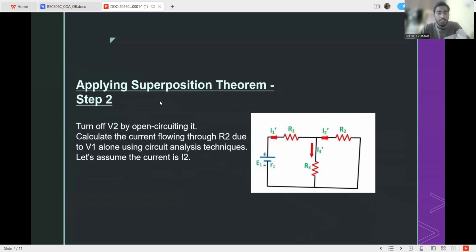Applying superposition theorem, step 2. Turn off V2 by open circuiting it, and calculate the current flowing through R2 due to V1 alone using circuit analysis techniques. Let's assume the current is I2. In the figure, R1, R2 and R3.